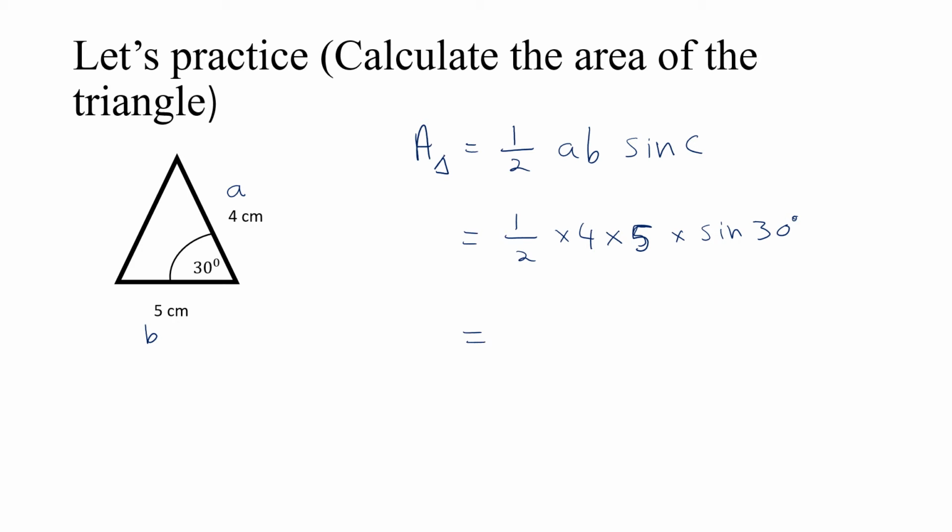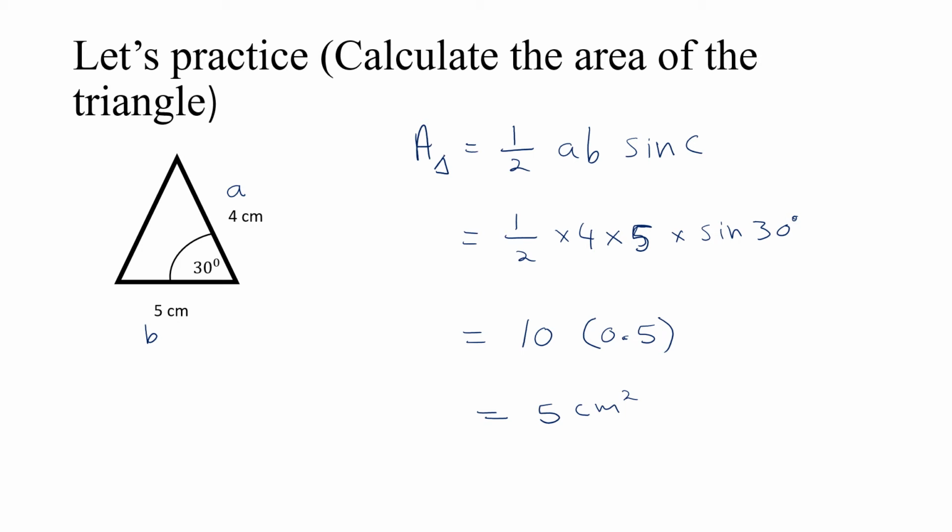And that is equal to half of 4, that is 2, and 2 times 5, that is 10. So that is 10. And I so happen to know sine 30 is 0.5. So our area here is actually 5 centimeters squared.